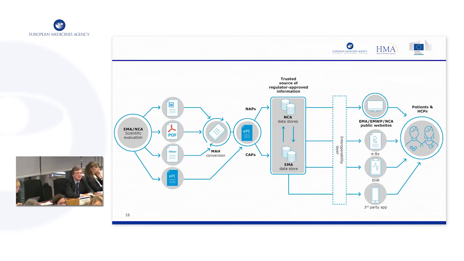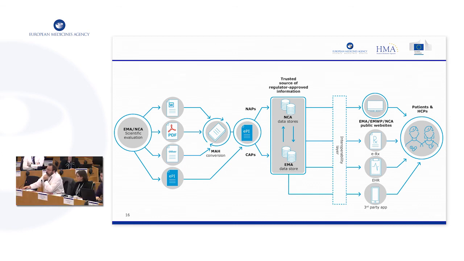Cesar, you want to complement? My comment is that I think this can reflect what can happen. We can discuss if there is a transition period, how long, and so on. My comment is about the public websites. It is stated in the text that EPI will be made available to users, patients, and healthcare professionals through websites at the EMA level and member state level.